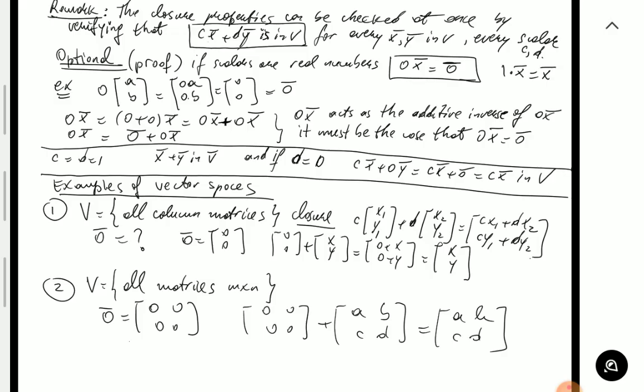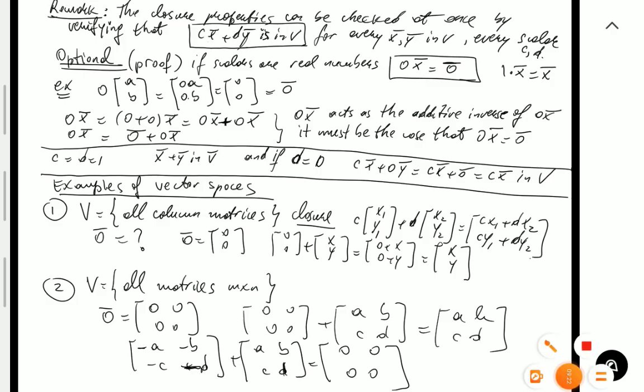Well, given a matrix A, B, C, D, if I take the negative entries and add them to the original matrix, again using the matrix operations, clearly you end up with 0, 0, 0, 0. So these are obvious examples. Let's move on to the next page to see some slightly less obvious or less known examples.